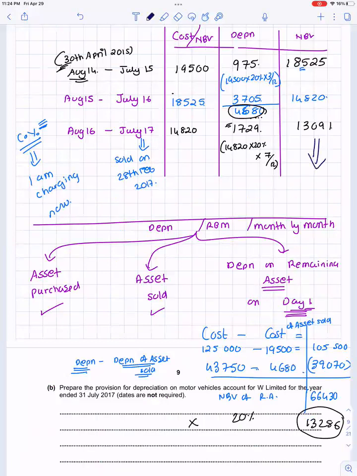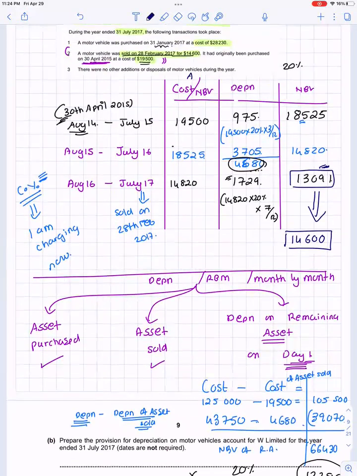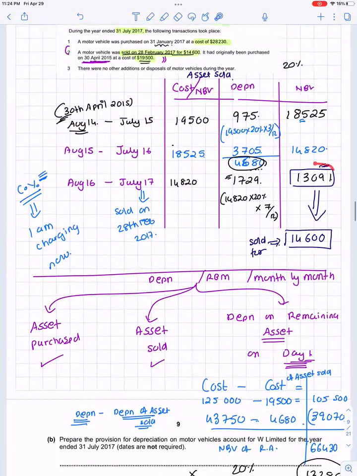The net book value of that motor vehicle is how much? 13,091. Book value is 13,091, sold for 14,600.